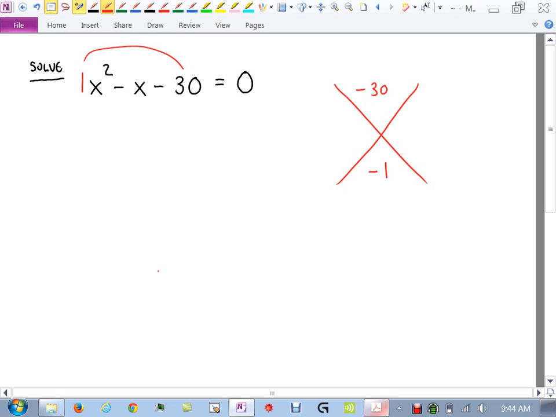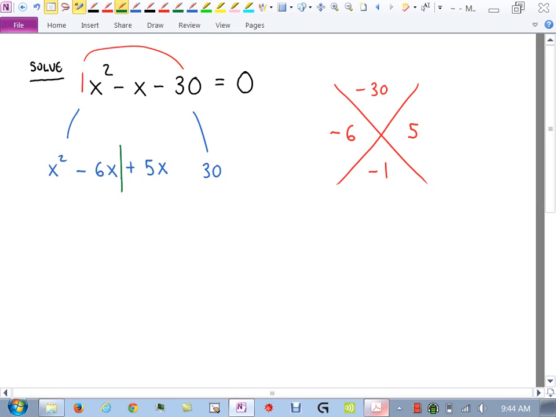Now you come up with your 2 numbers. If you do this long enough, I'll just do it real quick, but if you needed to, you'd write them down and figure out which numbers work. Looks like negative 6 and positive 5 will work. So then we write down the left side: x squared comes down, 30 comes down. I have minus 6x, plus 5x in the middle. I split this.